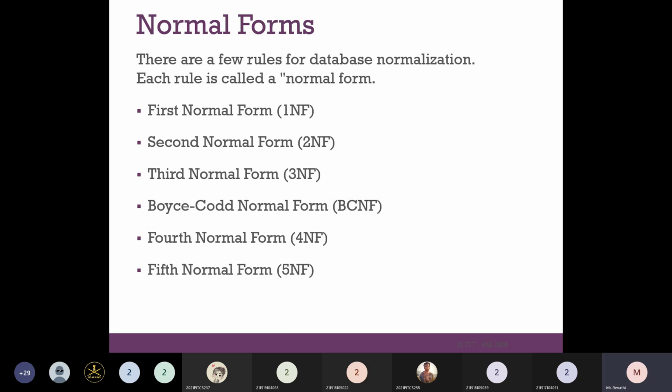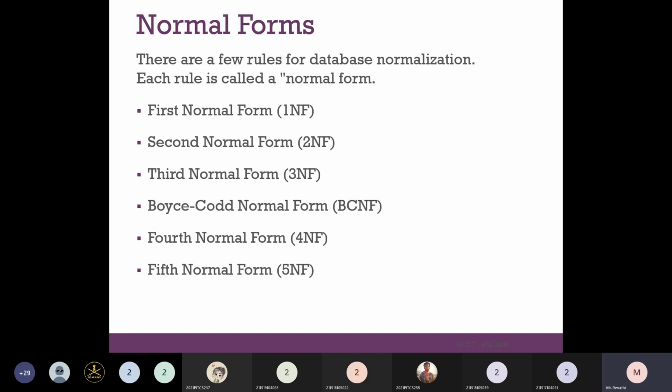Normal forms are simple rules which retain the consistent state of your database. The rules which help to retain the consistency of your data in a database are named normal forms.